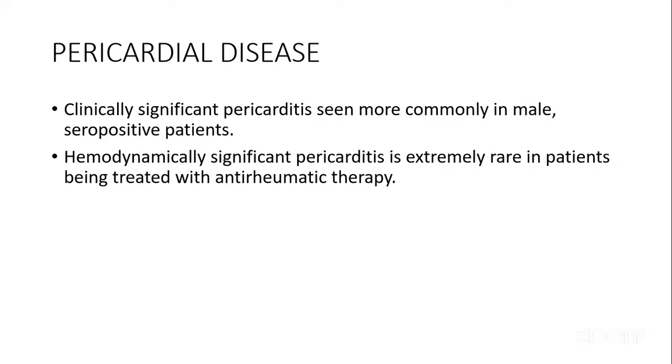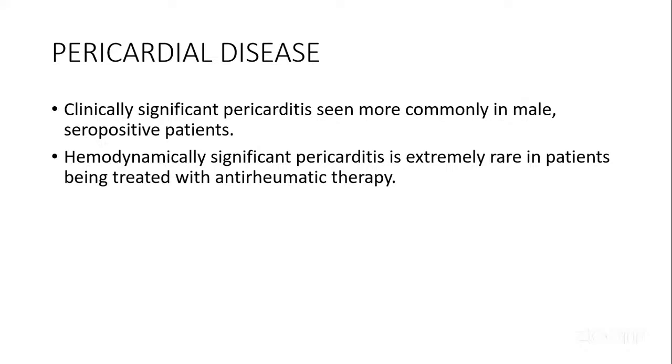The few ones that will be symptomatic are mostly male, and the ones that have positive rheumatoid factor, and those ones that have longer exposure to the disease where the diagnosis is more than 10 years, then these are the ones that have clinically significant pericarditis.